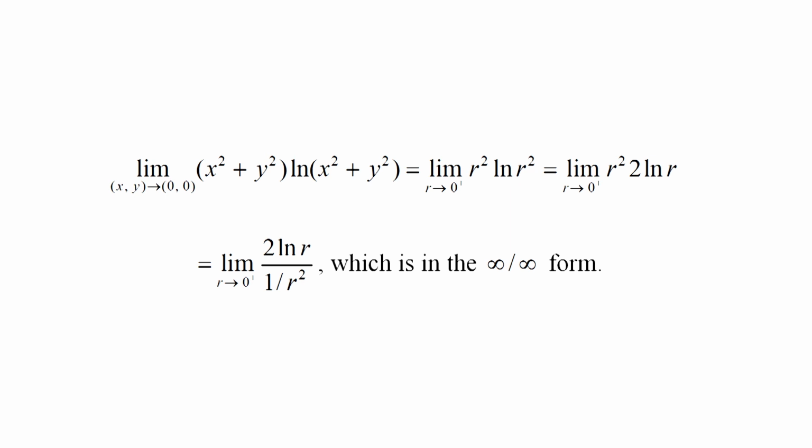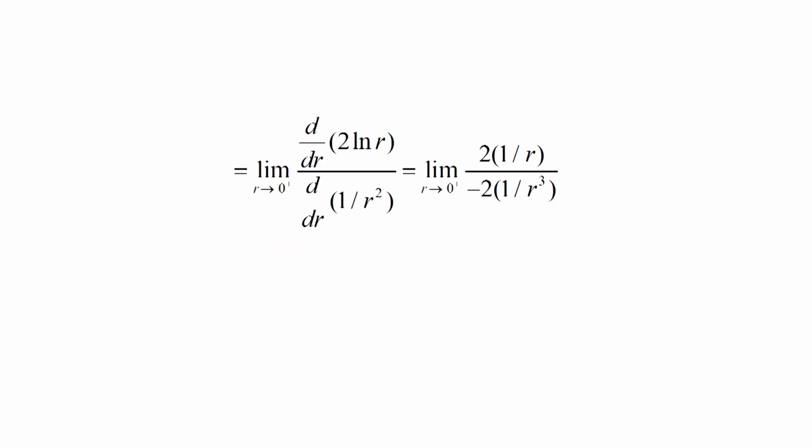Now, applying L'Hopital's rule, the above is equal to the limit as r approaches 0 plus of d by dr of 2 ln r all divided by d by dr of 1 by r square, which is equal to the limit as r approaches 0 plus of 2 times 1 by r all divided by negative 2 times 1 by r cube, which is equal to the limit as r approaches 0 plus of negative r square, which is equal to 0.